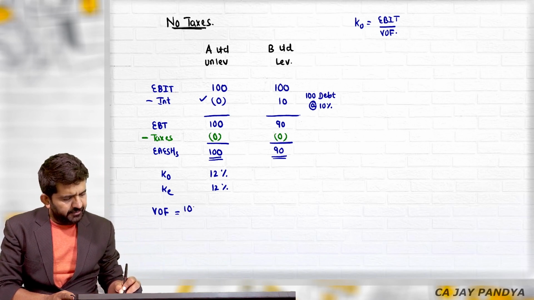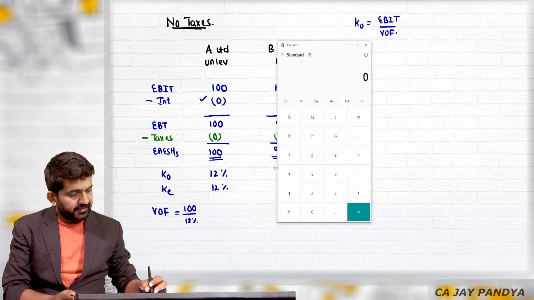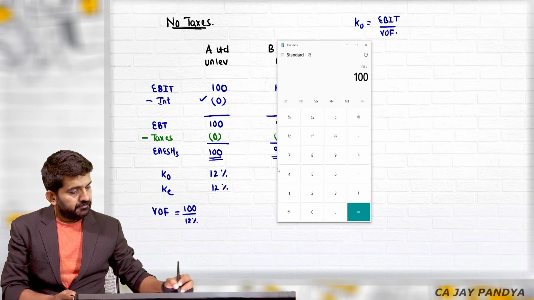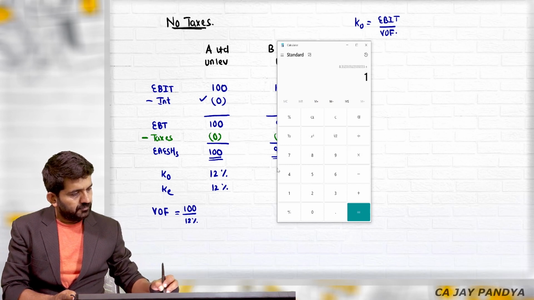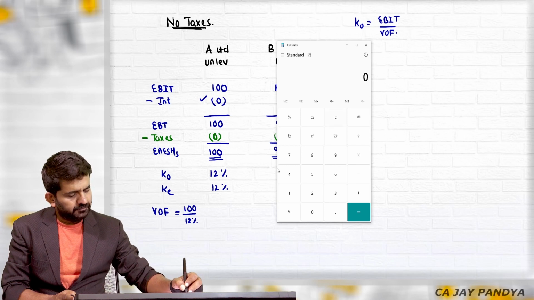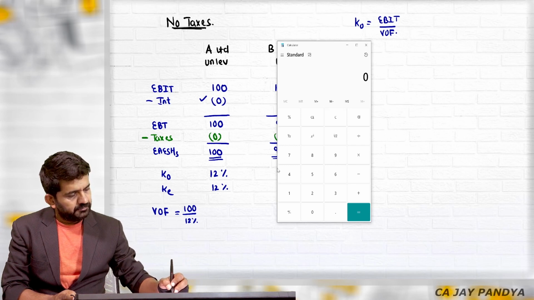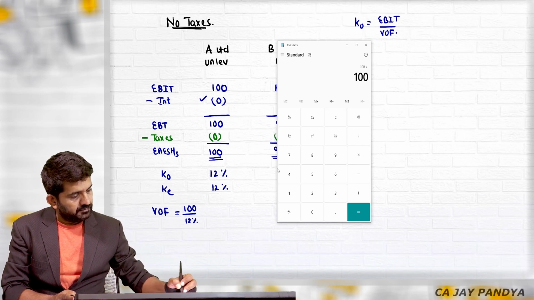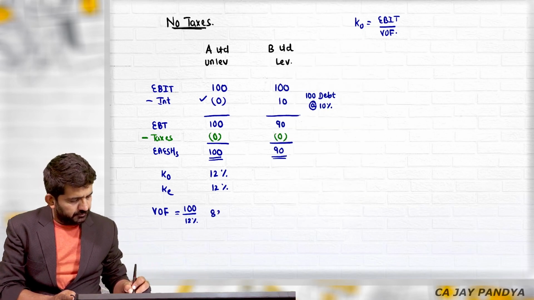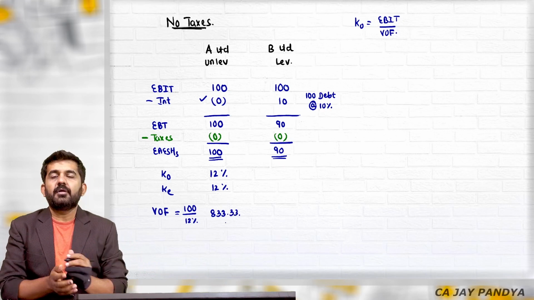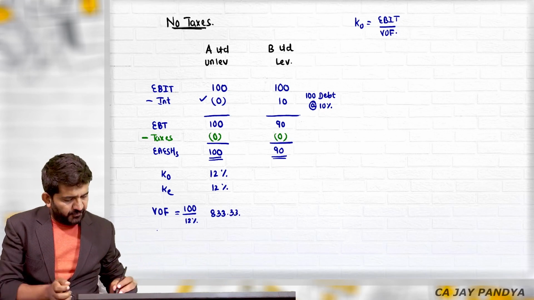So 100 divided by 12%, 833.33. This is nothing but value of firm.